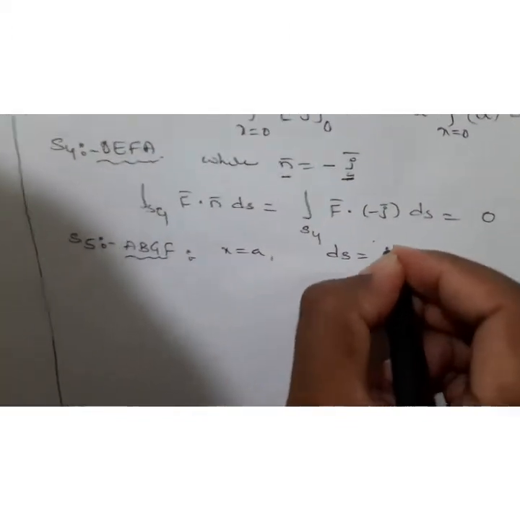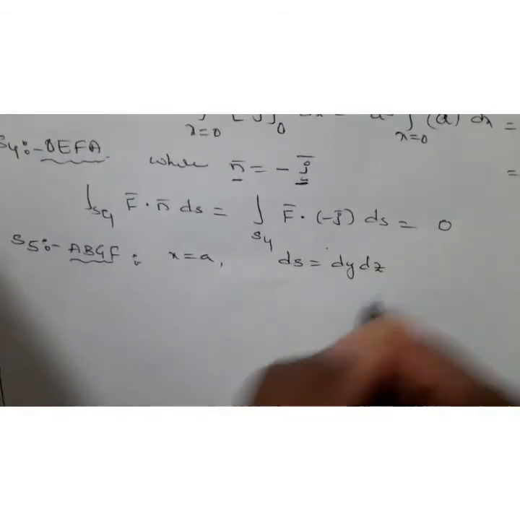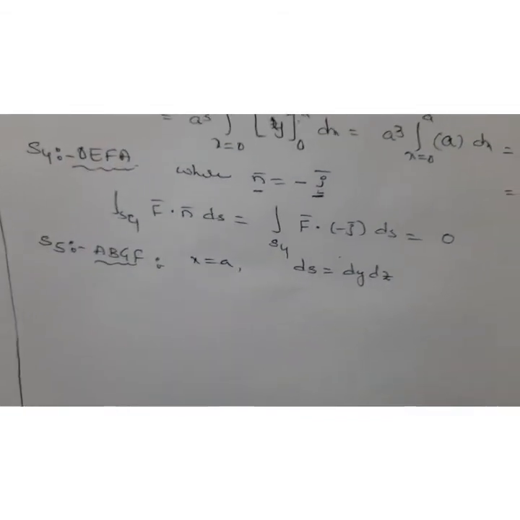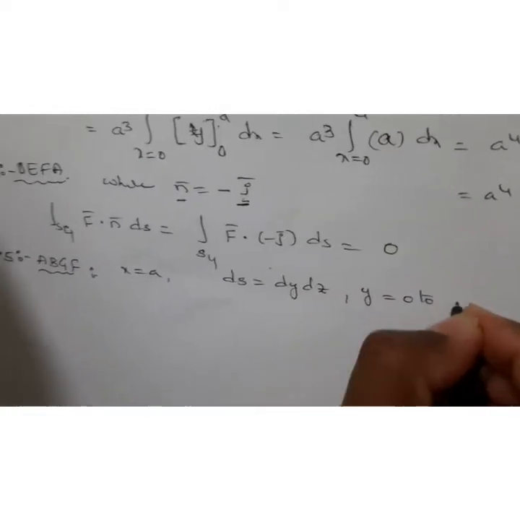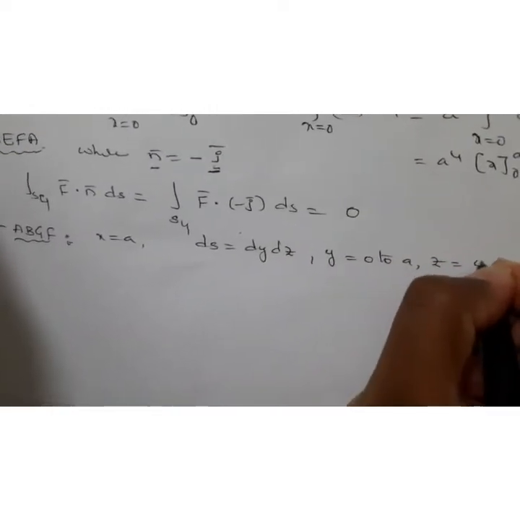Therefore x is equal to a and the plane ds is dy dz. Therefore y varies from 0 to a and z varies from 0 to a.